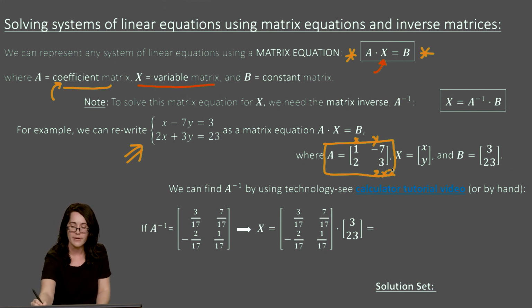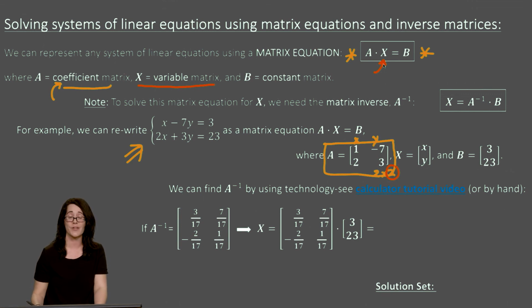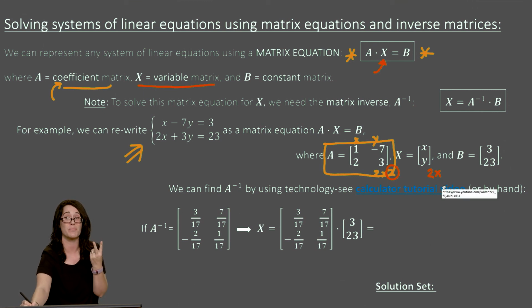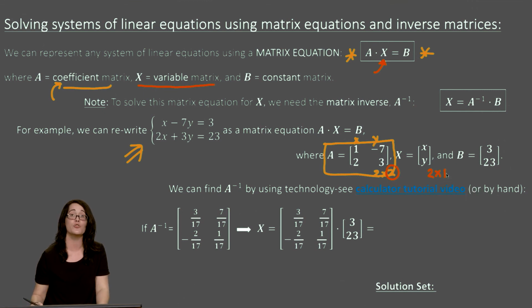So notice here that matrix A has 2 columns, which means if I'm going to multiply it by matrix X on the right, it would have to have 2 rows. There are only 2 variables possible, so it must be a 2 by 1 matrix with entries of x and y. So this is what we mean by matrix X, the variable matrix. It's size 2 by 1 in this case.